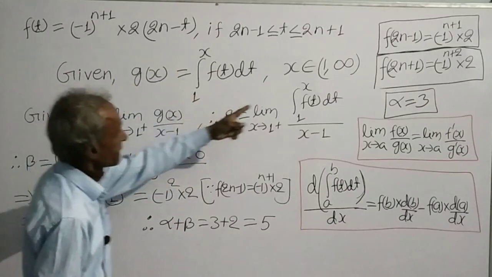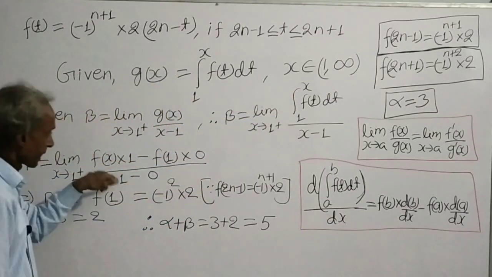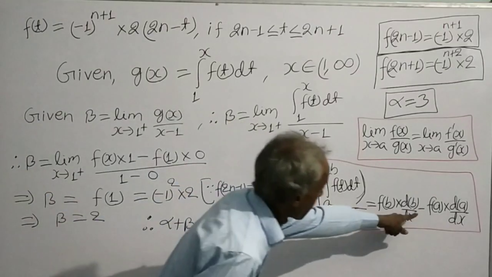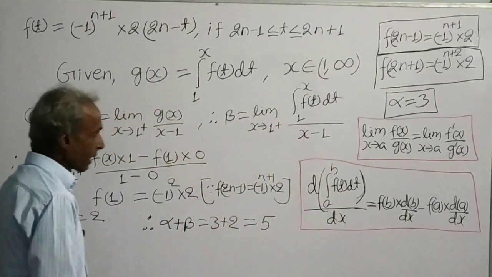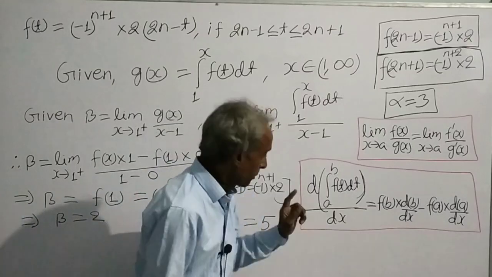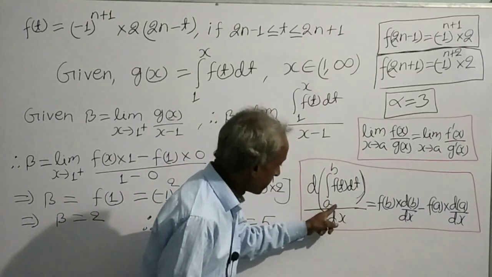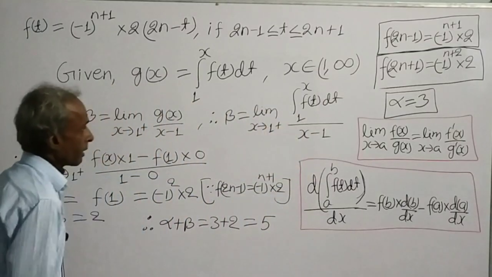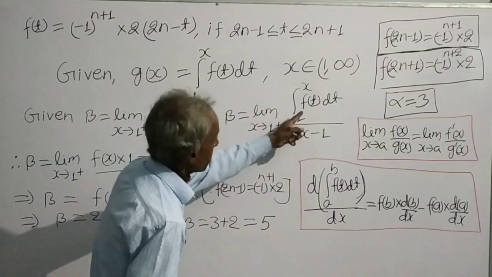When we differentiate x with respect to x, we get 1. Then we write a minus sign. Now we put the lower limit a in place of t. Here it is 1.